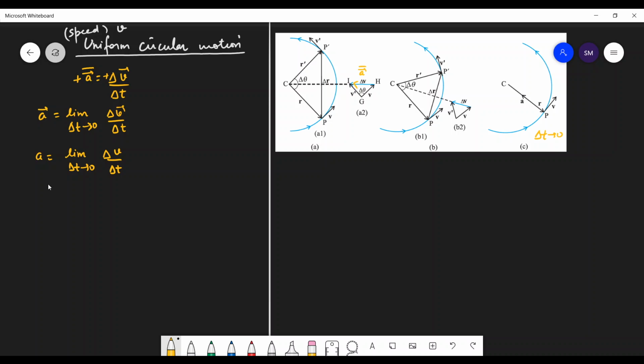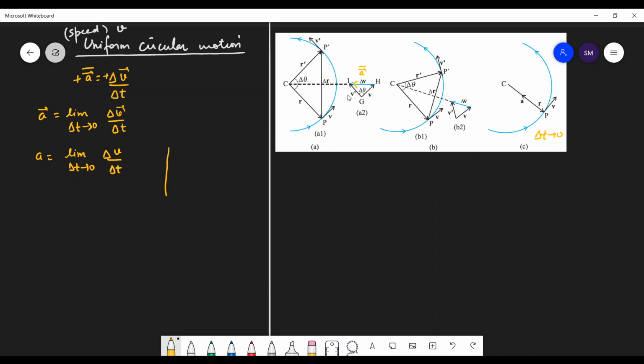So we can see from these figures that there are similar triangles CP P dash and this one. So GHI and CPP dash are similar triangles, so therefore their corresponding sides have the same ratio.